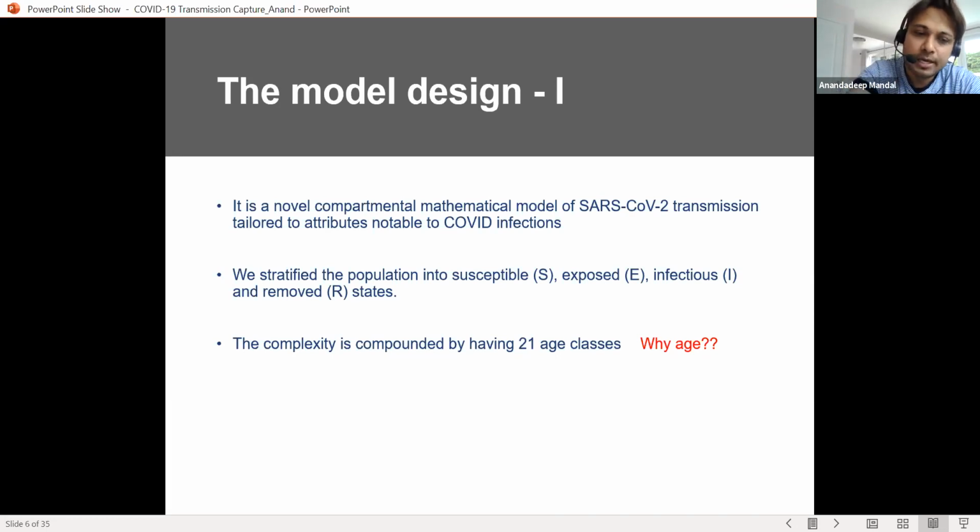And since you have many age groups, the transmission of the disease for a younger person and for an older person might not be the same. So we had to include the age classification so that we could answer many questions, and I'll show you exactly how we answer.